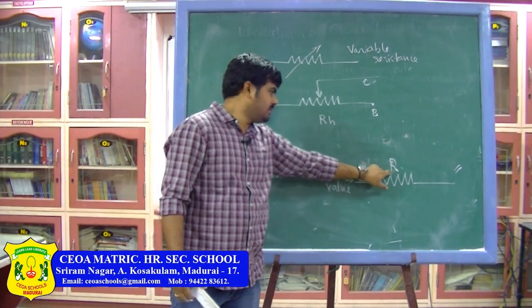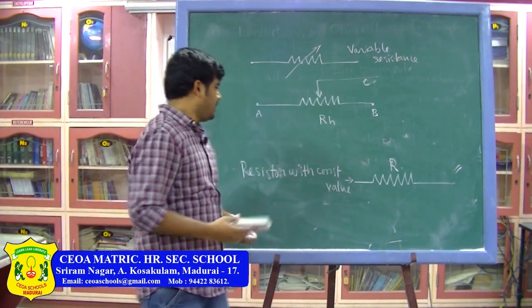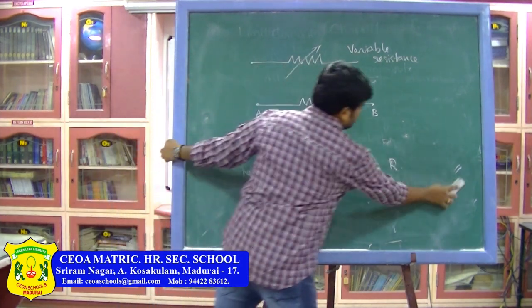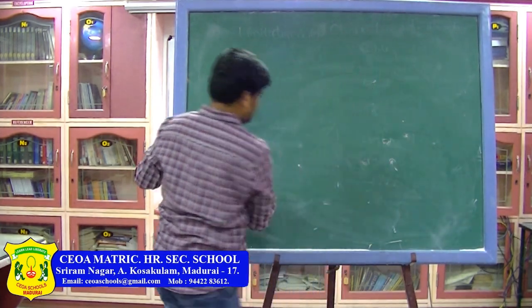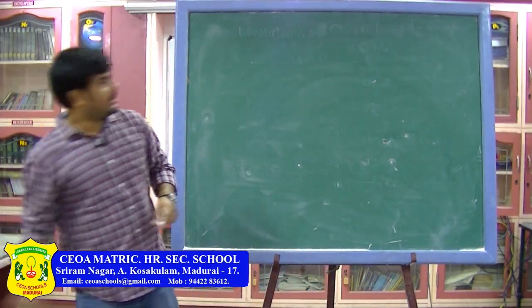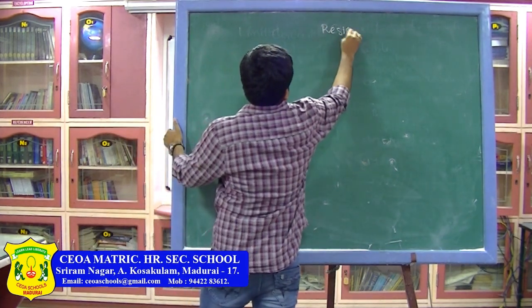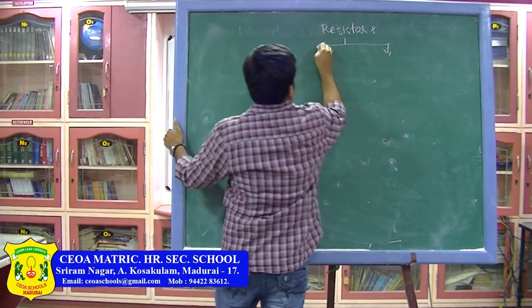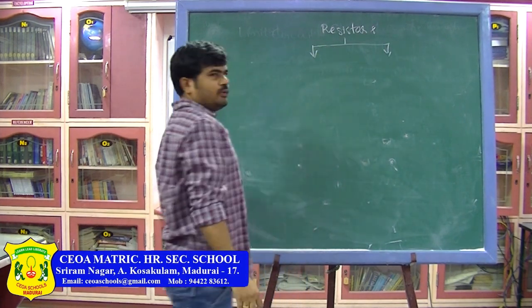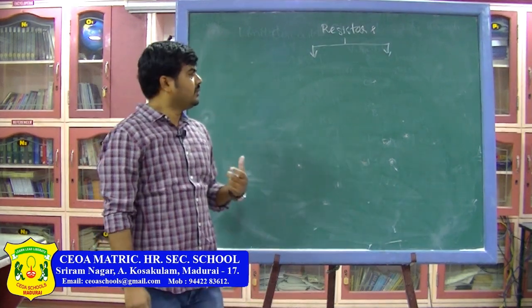Now let us discuss the different types of resistors. So there are two types of resistors. In general, in electric circuits and electronic circuits, we need a variety of resistors.